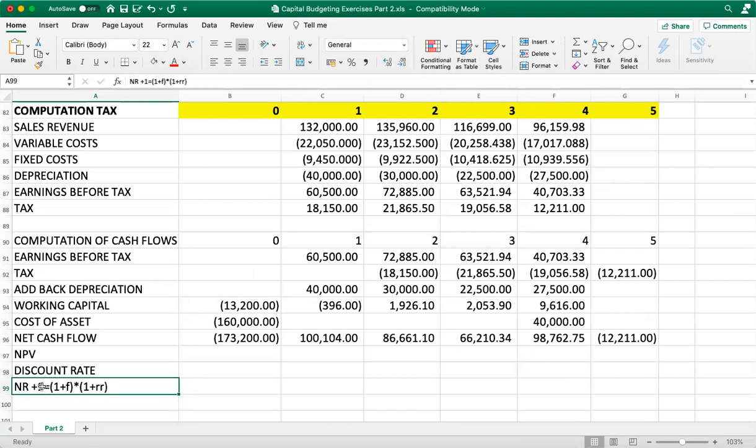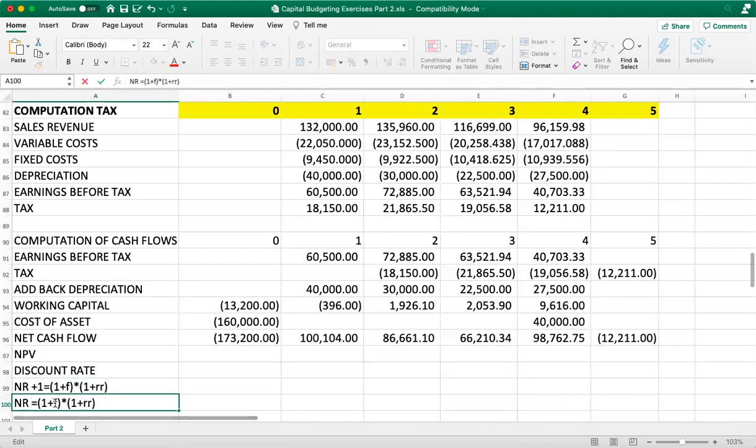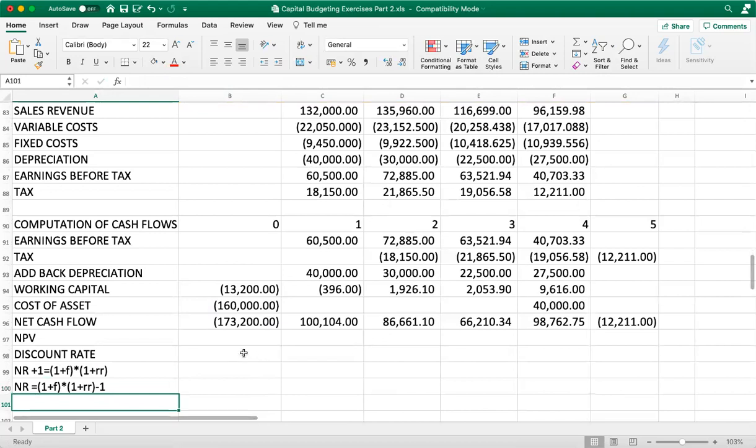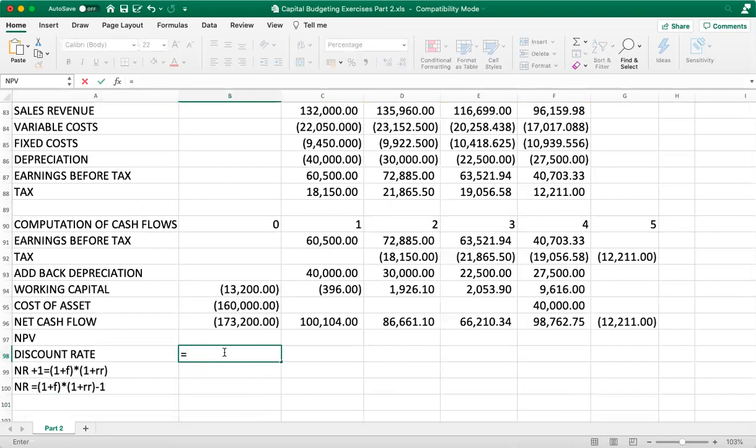And therefore, if you want NR only, nominal rate, your formula will become nominal rate is given as 1 plus F multiplied by 1 plus real rate minus 1. So I've just taken the 1 here to the right. So when we come here, the discount rate, we'll say equals brackets 1 plus the inflation rate.